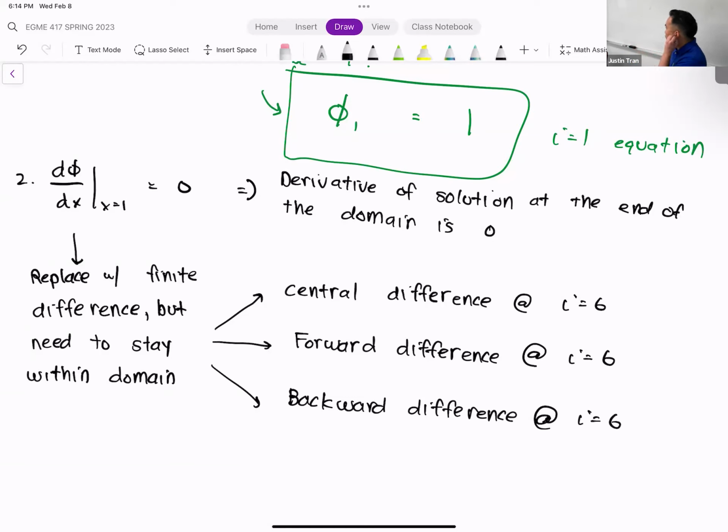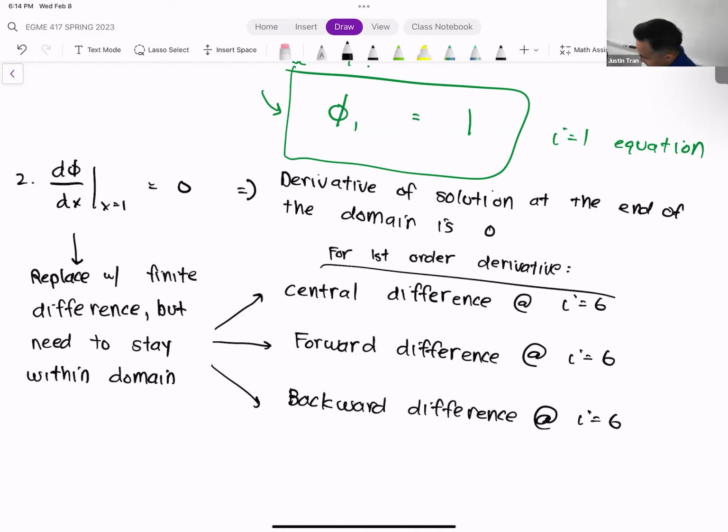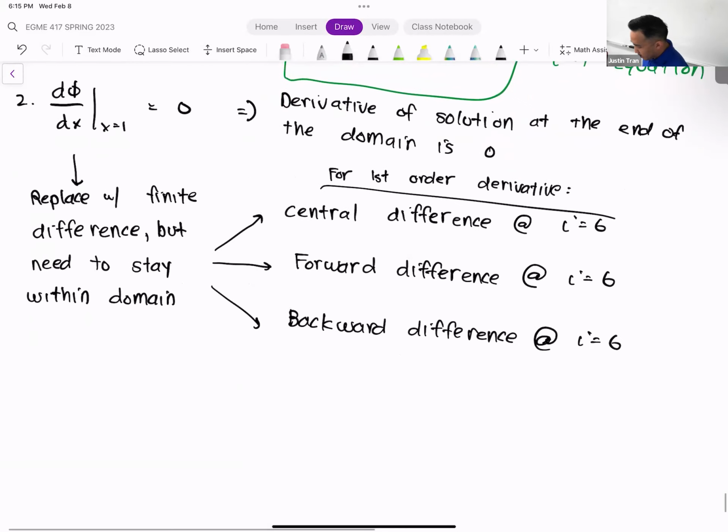For a first order derivative, those are our three options. At this point, it's almost like a puzzle. Our confines are that we need to stay in the bounds of the domain, and here are 3 options to do so. Let me apply each of those differencing schemes, and then you can see which one is going to be the most valid.